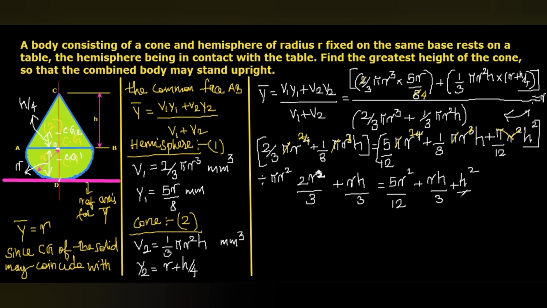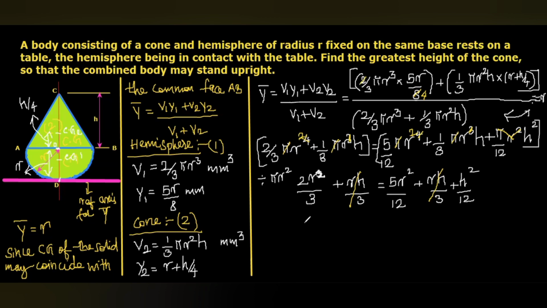So on the left hand side also rh by 3 is there, right hand side also rh by 3 is there. That can be eliminated. So the remaining terms: 2r square by 3, here 5r square by 12, then h square by 12. Keep this 5r square by 12 on this side.